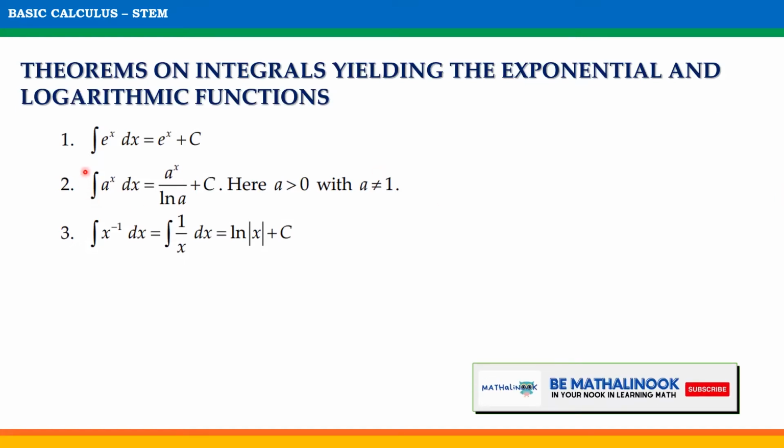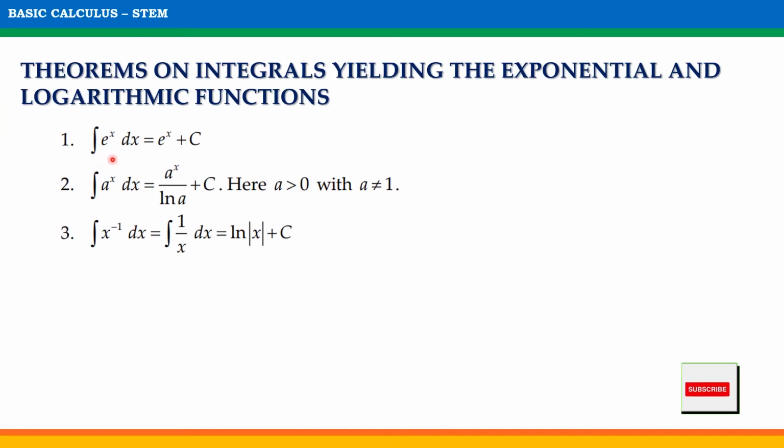For the first one, the indefinite integral of e raised to x with respect to x is equal to e raised to x plus c. For the second one, the indefinite integral of a raised to x with respect to x is equal to a raised to x divided by ln a plus c, where a should be greater than 0 and a should not be equal to 1.